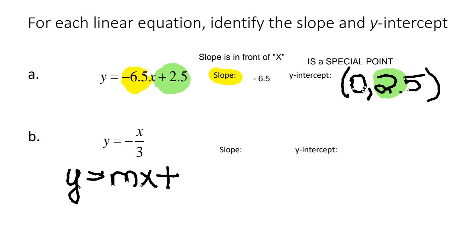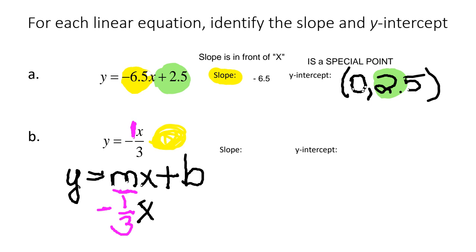In front of this x, do you see a 1? Remember, I don't write the 1. So this m is -1/3 followed by the x. Now, you're going to say there's nothing back here. Well, that's right. There is nothing back there.